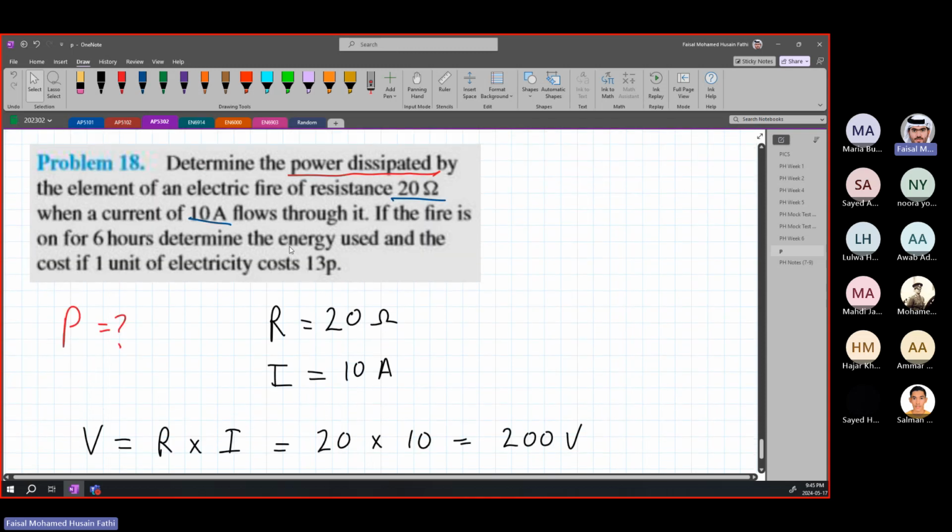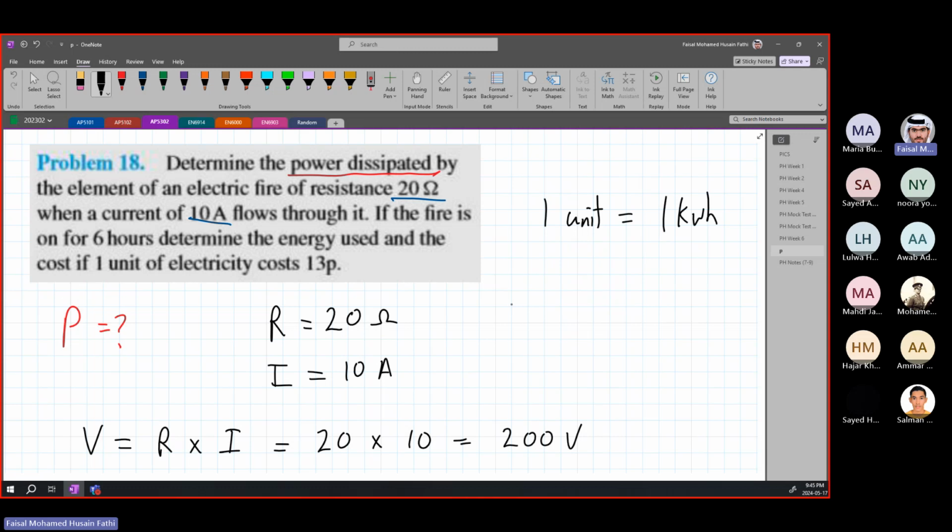All right. Let's see what the question says. If the fire is on for 6 hours, so the electric fire is consistently on for 6 hours, determine the energy used and the cost if 1 unit of electricity costs 13 pennies. 1 unit of electricity is 1 kilowatt hour.